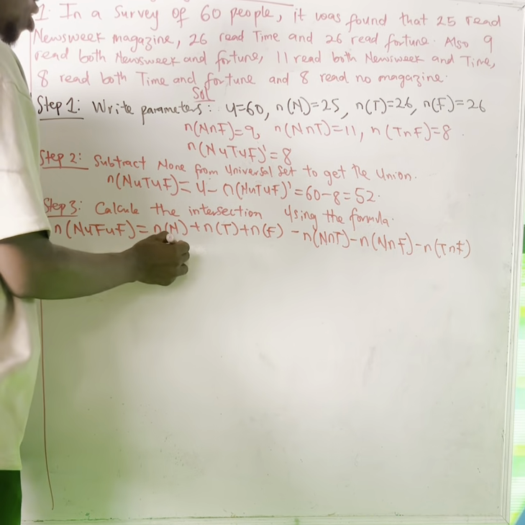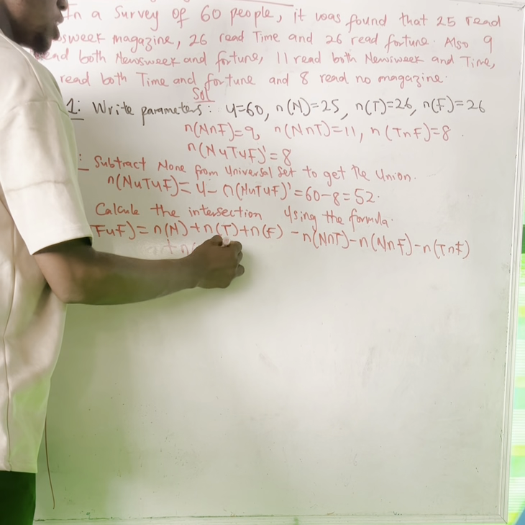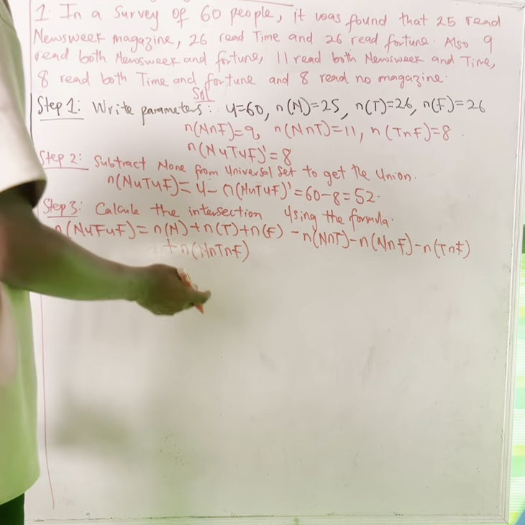And finally plus N intersection T intersection F. We are going to add the triple set together.